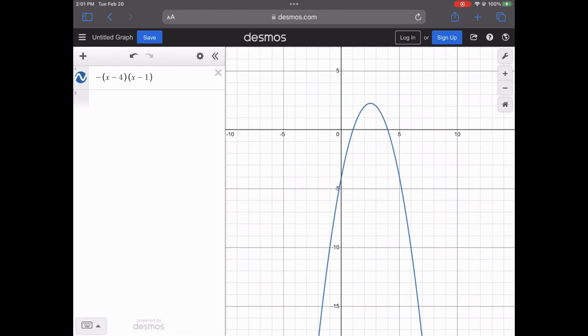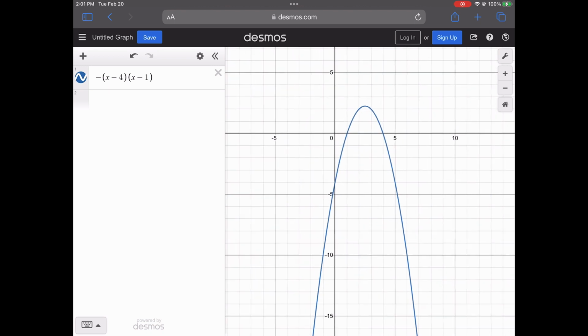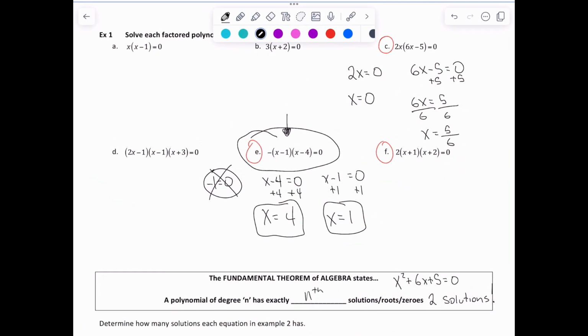There you go. Now you have a parabola that crosses the x-axis, so I do have two solutions like I stated before. What you'll notice different about this one is that the negative flips the parabola upside down. Pretty interesting. We'll get to that at a later date.